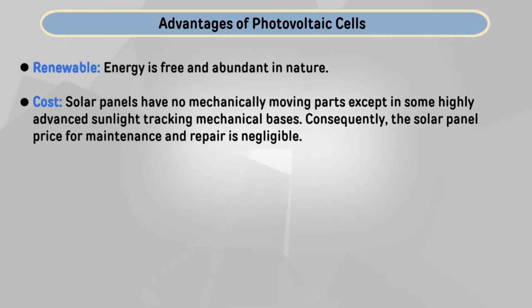If we are using just a common solar panel or solar system, there is no moving part, but if you want to use some advanced type of solar cell which actually tracks the motion of the sun and changes its position from time to time, that may take some cost, but in general it is very cheap.